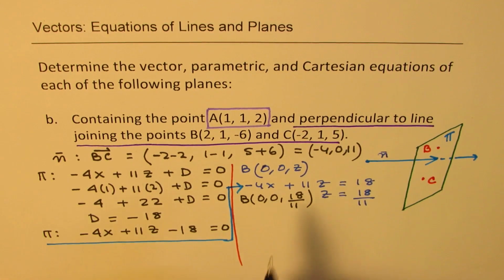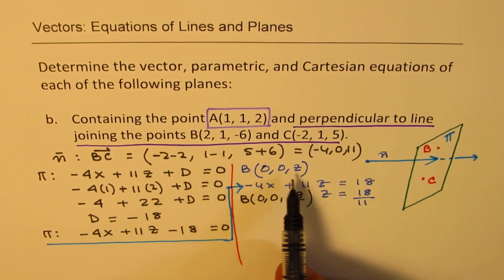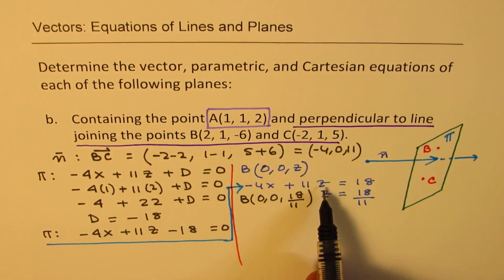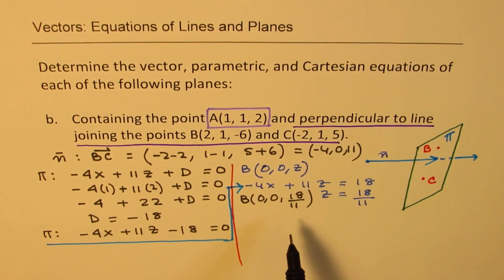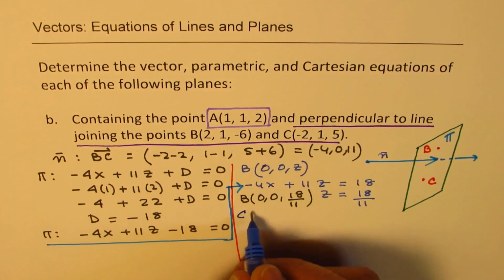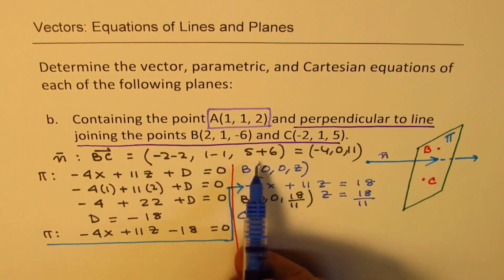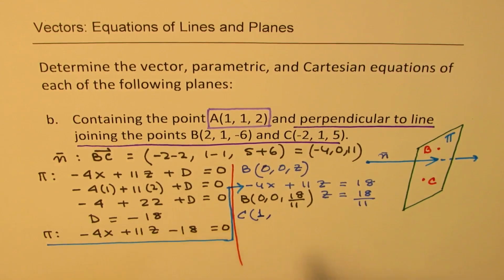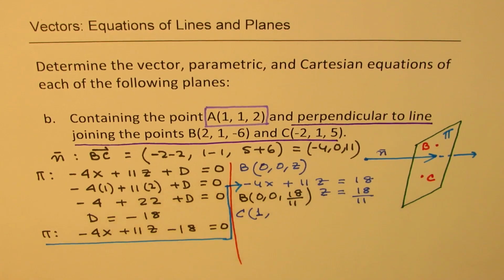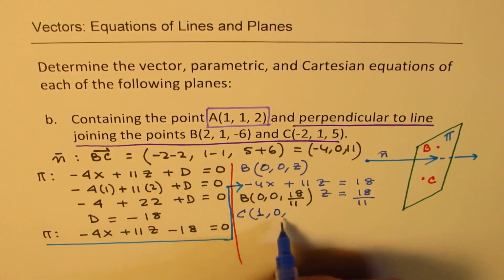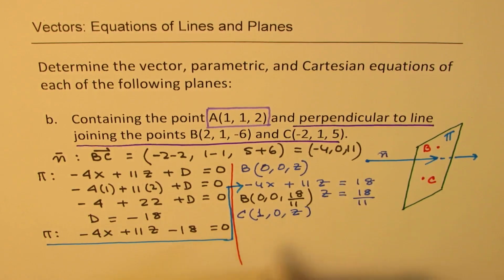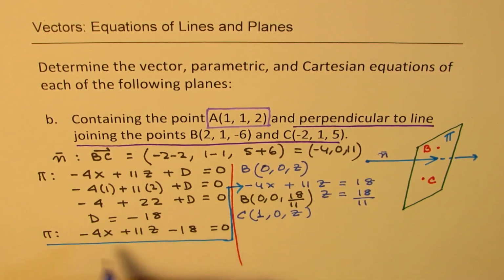Now let us substitute this time 1 and then get the value of z again. We'll use the same equation. So if I say point C is, now I'm placing x as 1, and I'll place y as 0 for convenience, and then we'll find the second point's z. So if I write 1 in this equation, what do I get?